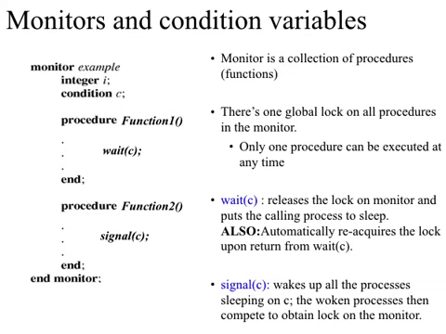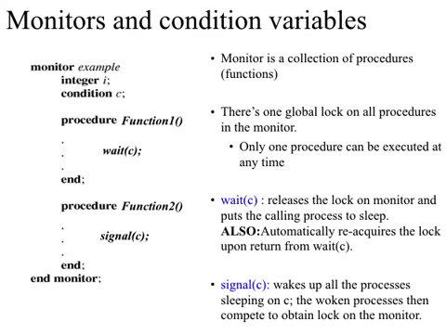What this means is that there is a giant lock that guards all the functions together. Before executing a function, a process has to acquire the lock on the monitor, and once the process exits the function, it will release the lock on the monitor, and at that point some other process can enter the monitor.